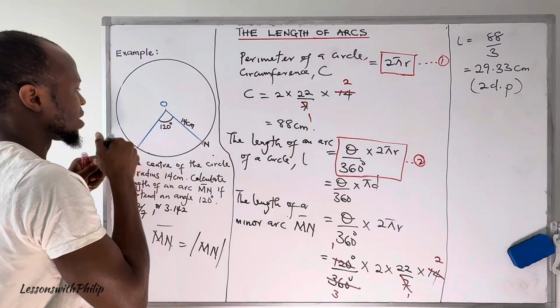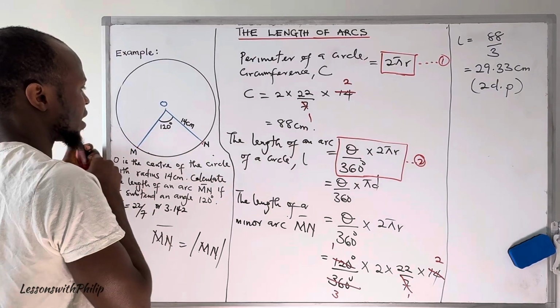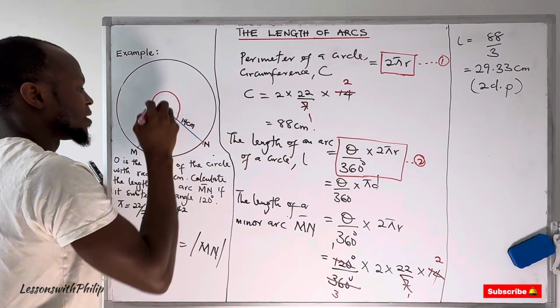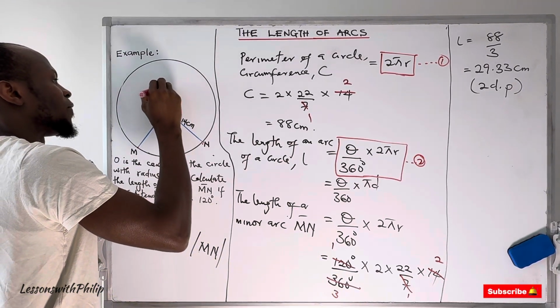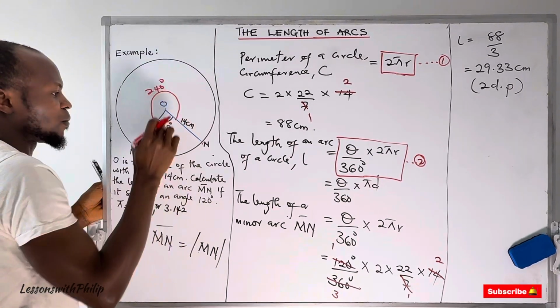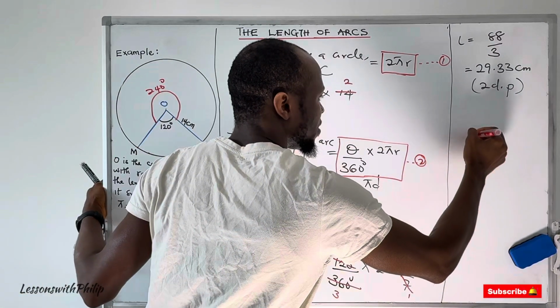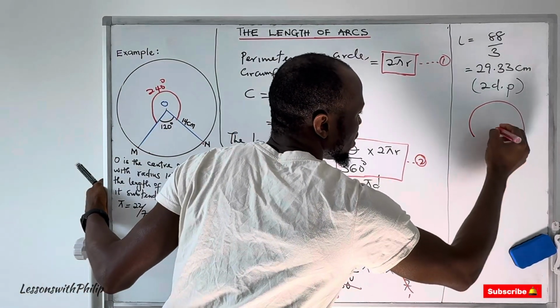So if this is 120, the rest of the angle from this place to this place will be 240 degrees. So 240 plus 120 will be 360. So if I'm asked to find, this is a circle.